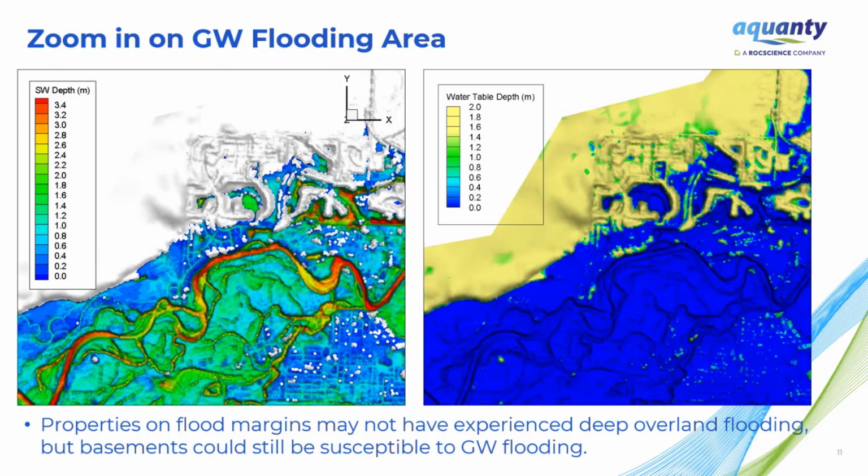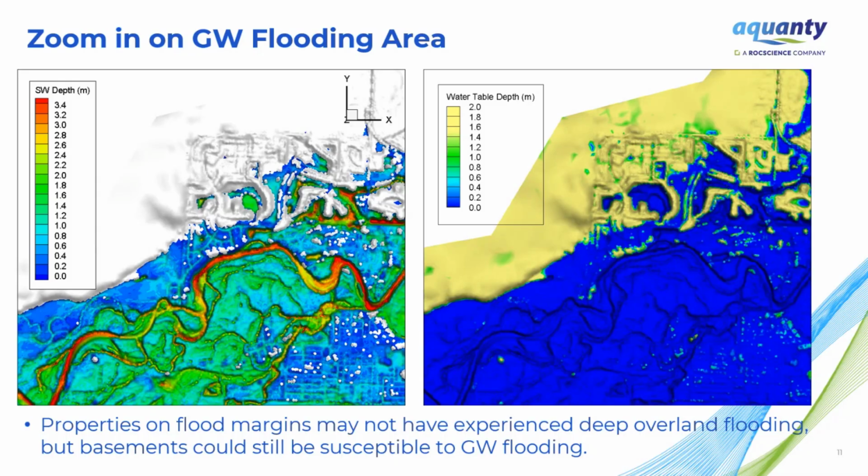Those are essentially the lineaments you can see there, but not a lot of surface water extending onto the properties. But if we look at the water table depth, it is pretty much at surface, which would mean basement flooding would essentially occur in those areas.